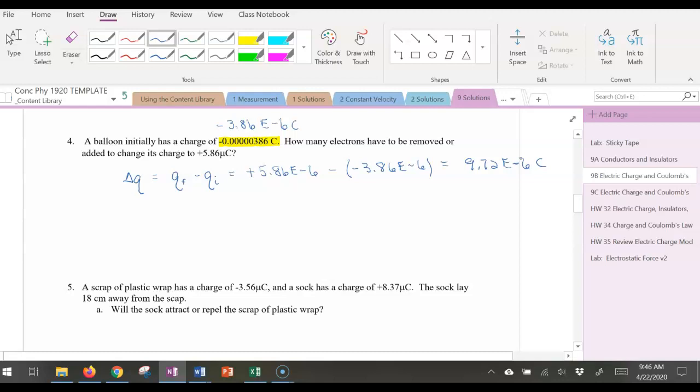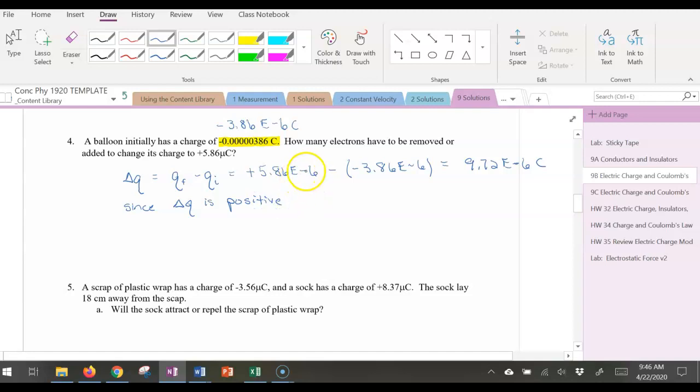Okay, so that's the delta Q, but I want to find the number of electrons. Since the change in the charge is positive, it's becoming positively charged.